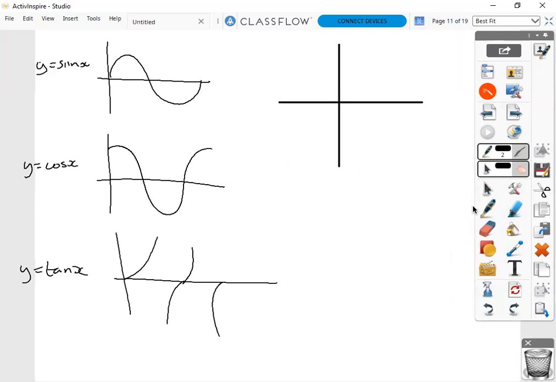Say all of them between 0 and 90 are positive.